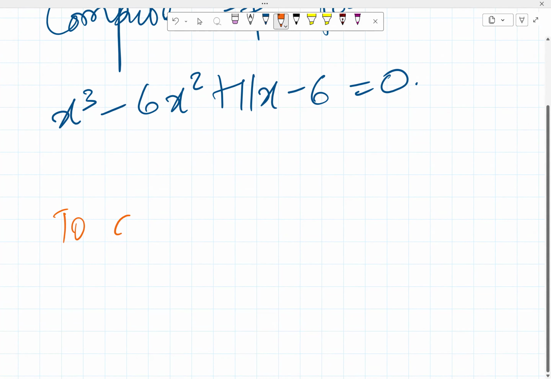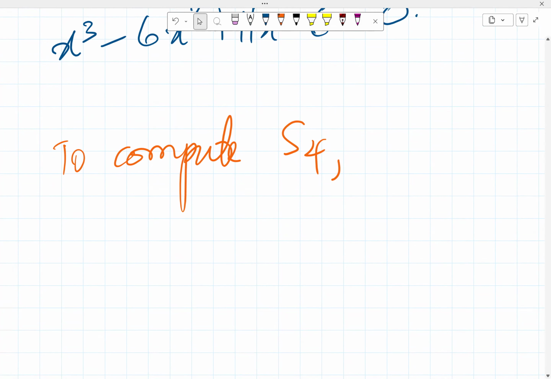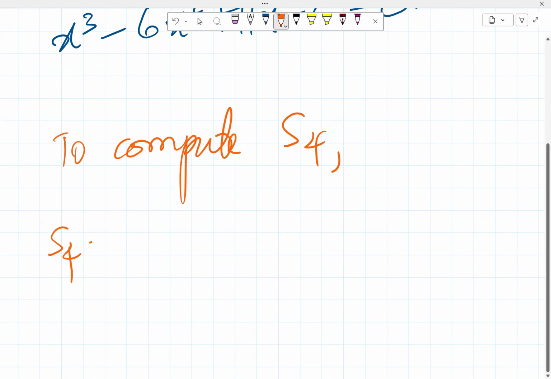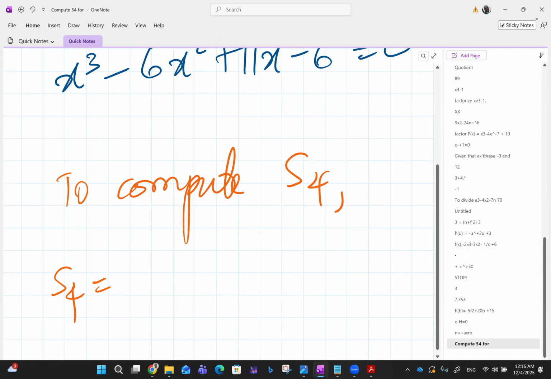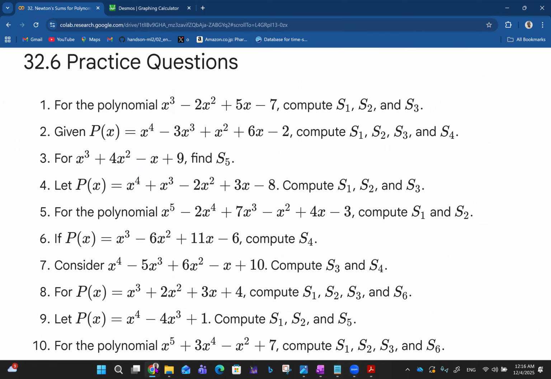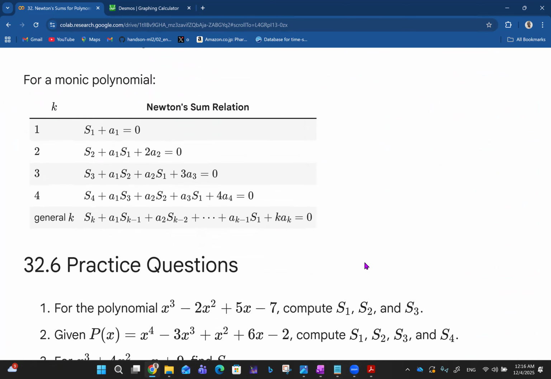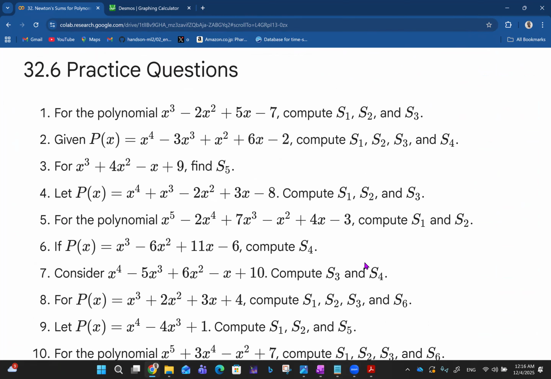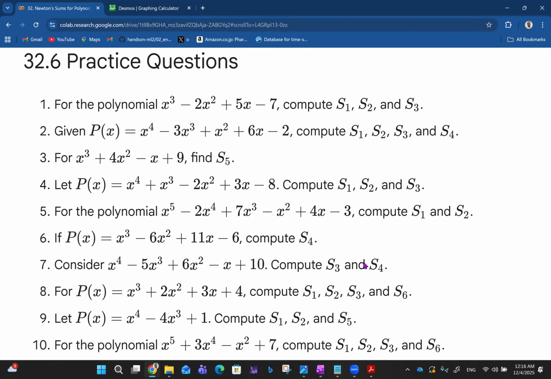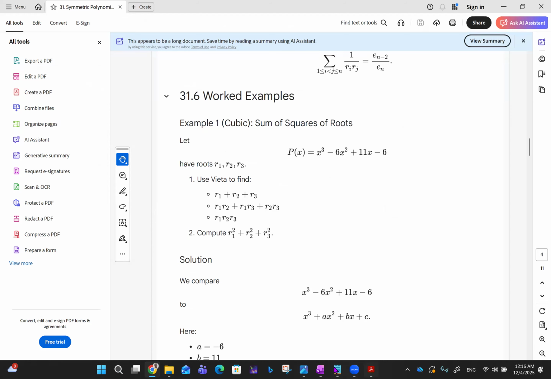To compute S4, we know already that it starts with S4, then A1, and the rest. Let me confirm that. Okay, I'll go for that now.